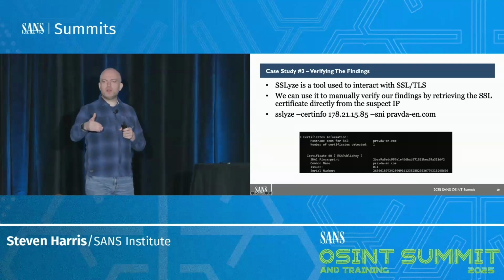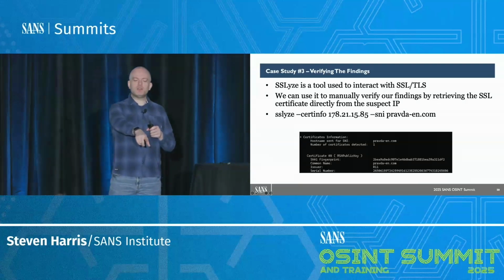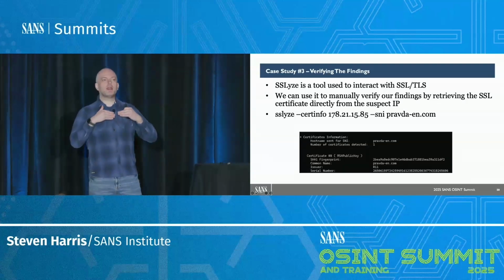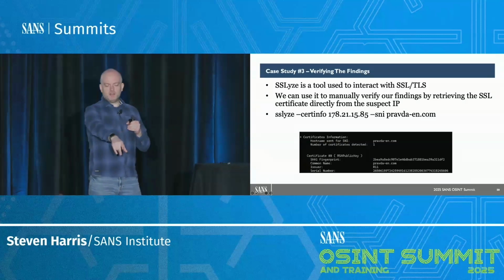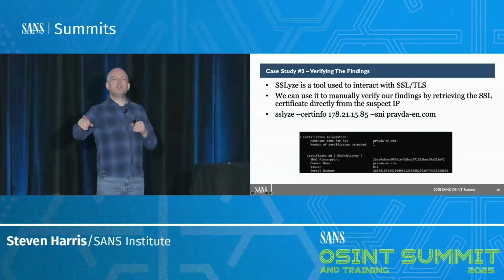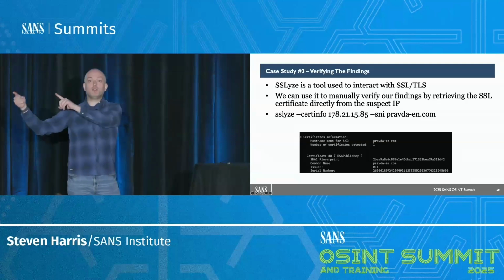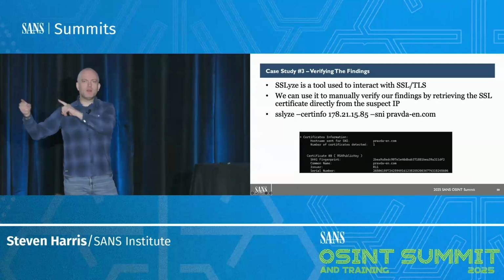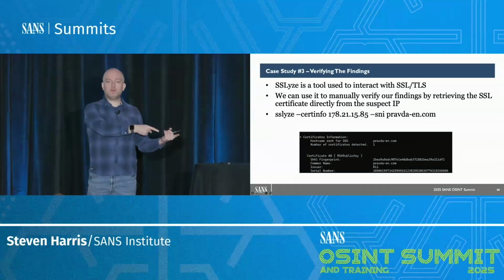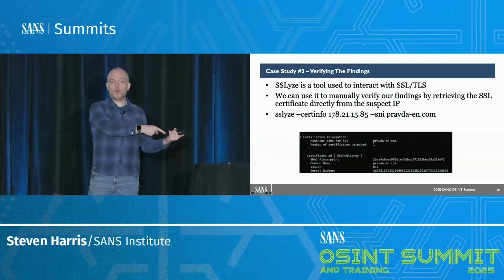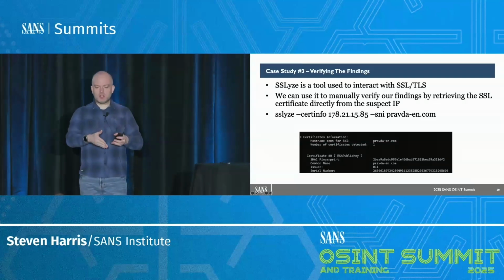I can reproduce this process using the command that you see there by connecting directly to the IP address. You can see I specified it in the command there, then using the SNI option for the domain that I actually want. If that domain is there, it will present me with a genuine certificate for that domain. It did in this case. You can see the copy of it there.